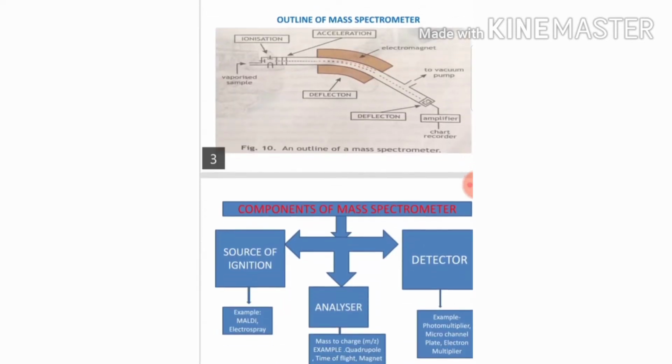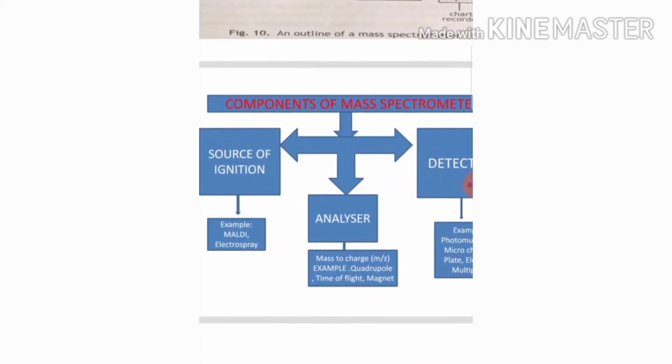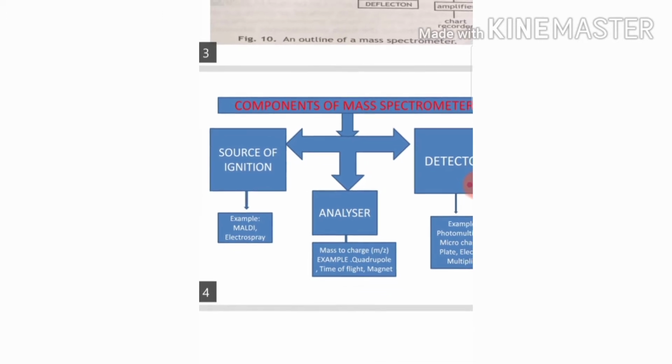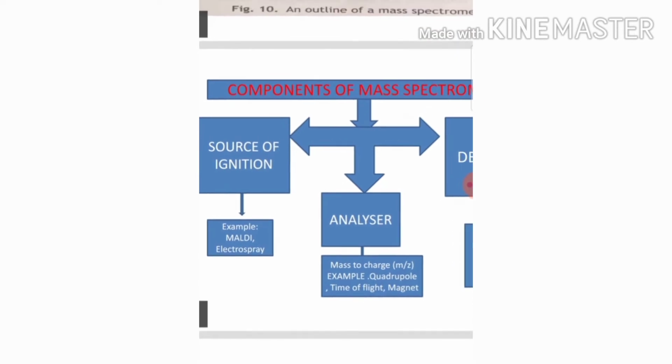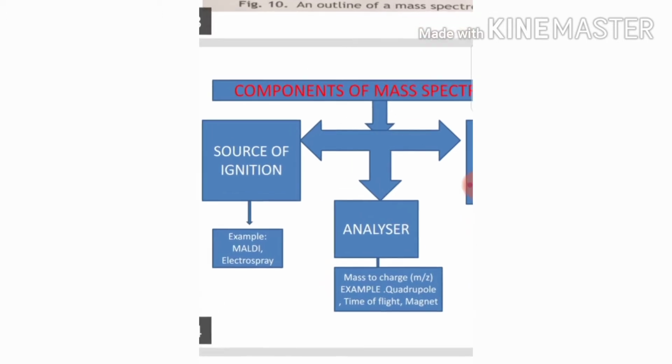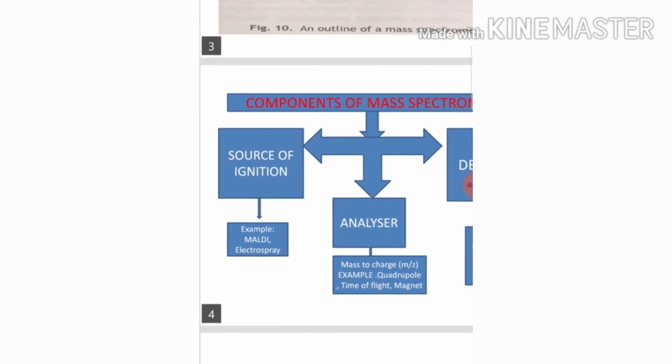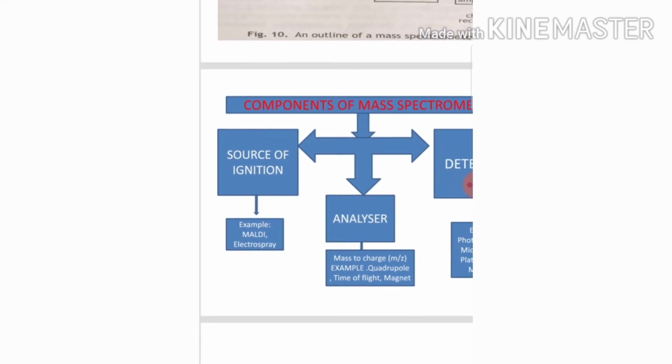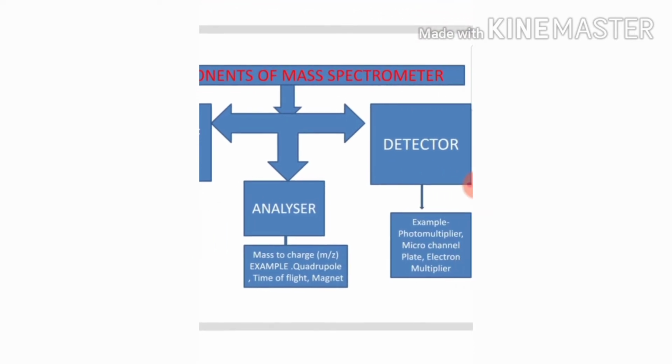In the next slide, you will find there are three components of mass spectrometer. The first is the source of ionization. Here it is written as ignition, but it is ionization. Then the analyzing unit, then the detection unit.